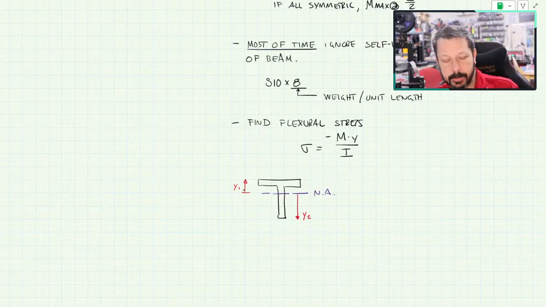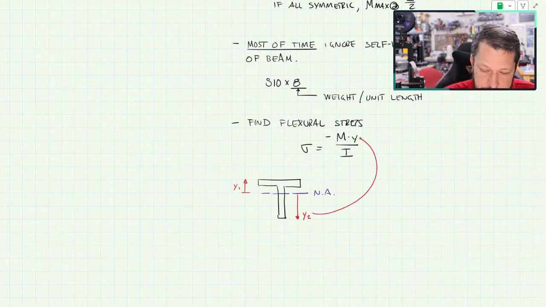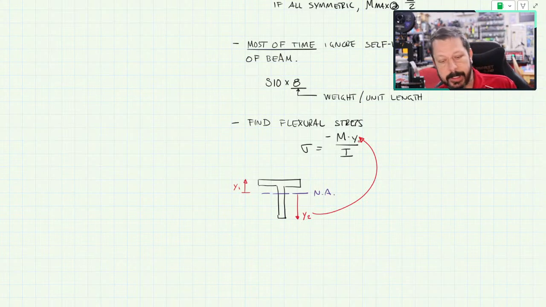So the y2 that I've drawn here is a larger number, a bigger distance than y1. So if I just want to know the maximum flexural stress, I'm going to have to use y2 in my flexural stress equation.